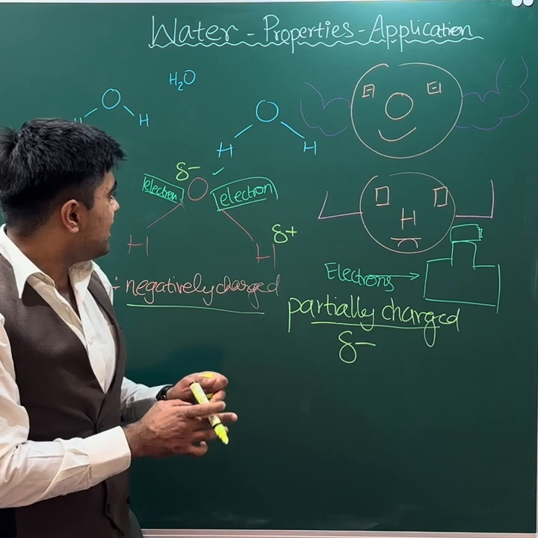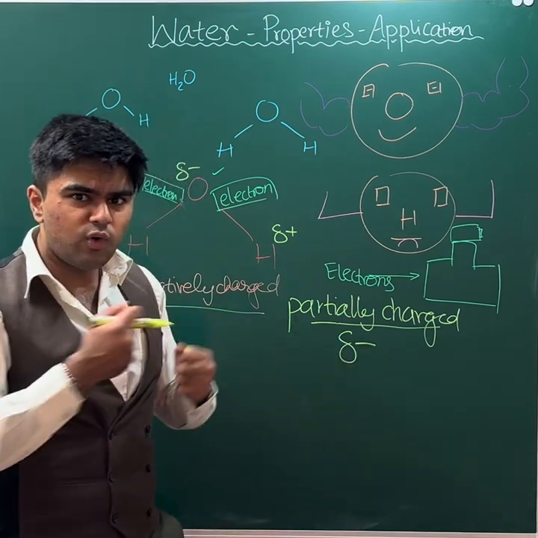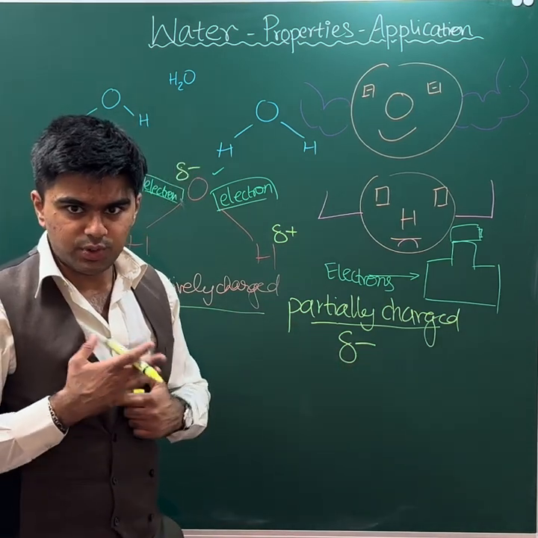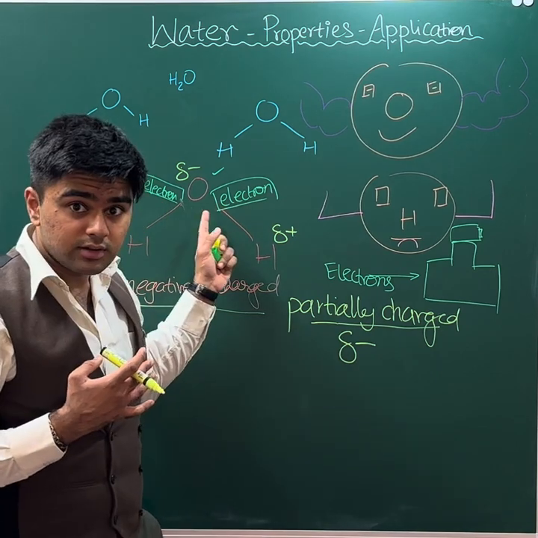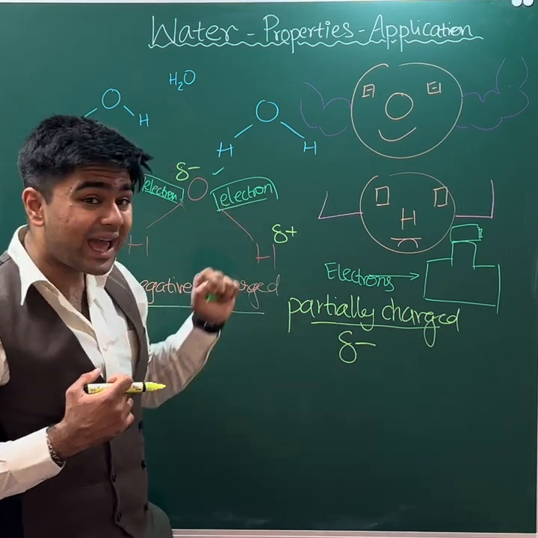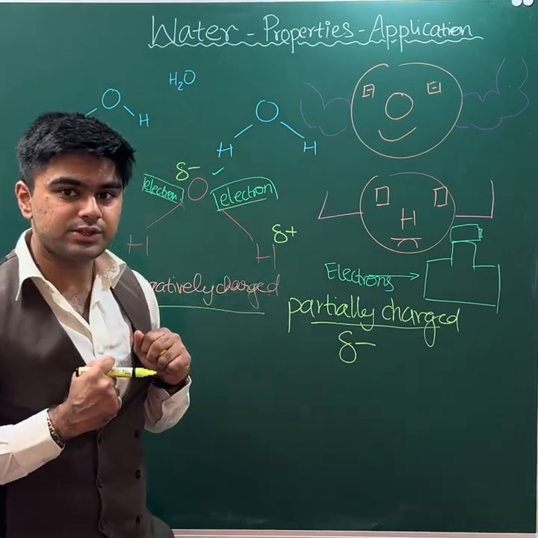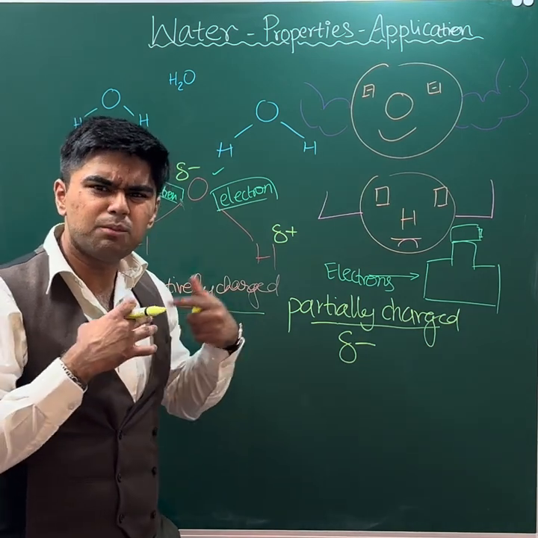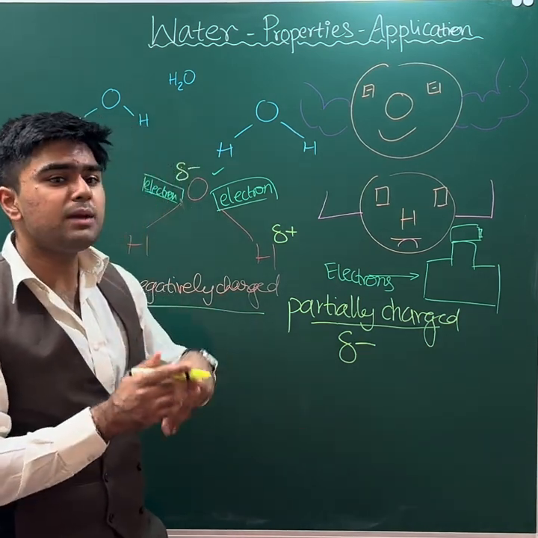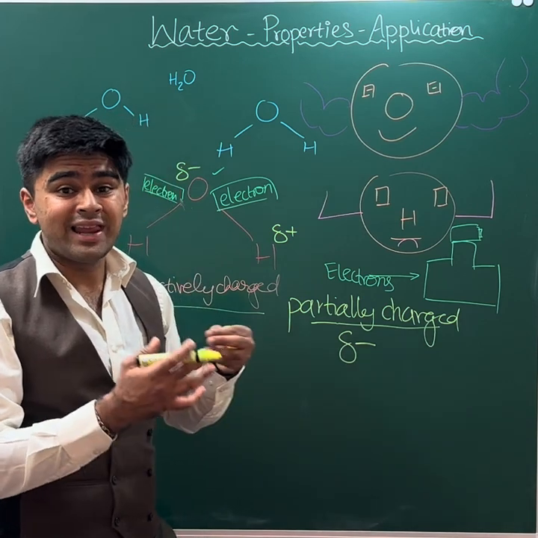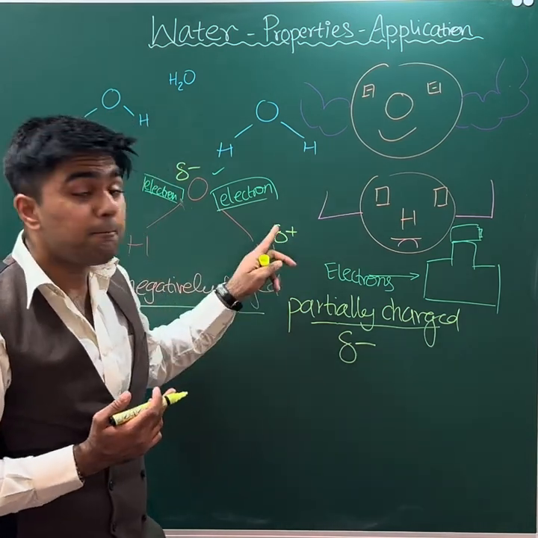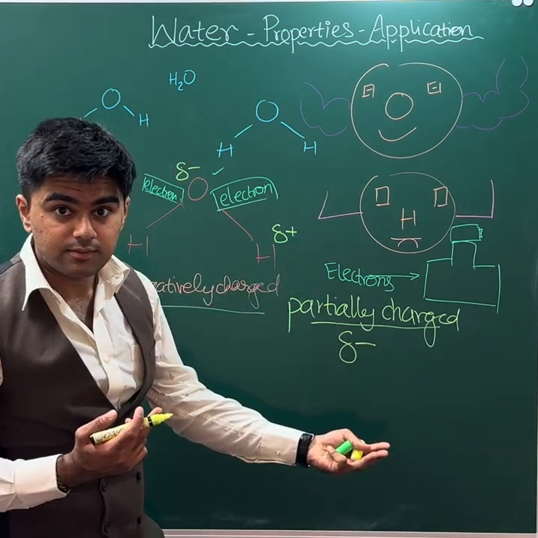So if Mr. Oxygen's got all of those perfume electrons towards himself, he'll be smelling good, sweet and good. Whereas Mr. Hydrogen has less of that perfume next to him, which means he'll be smelling much worse. And if he's smelling much worse, in other words, he's got fewer electrons, he will be partially positive.